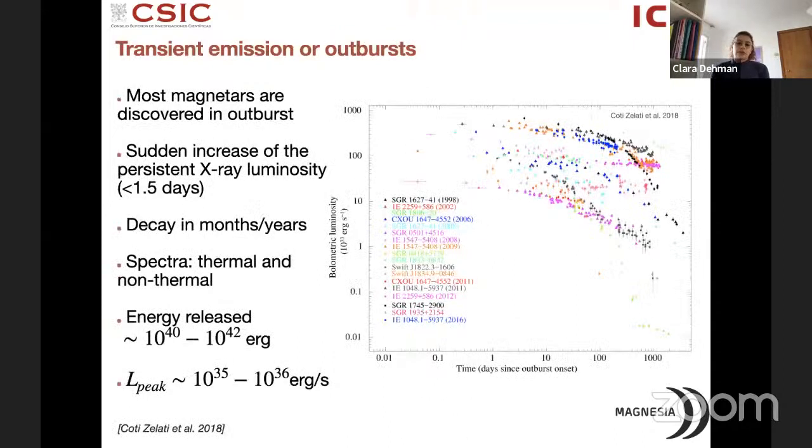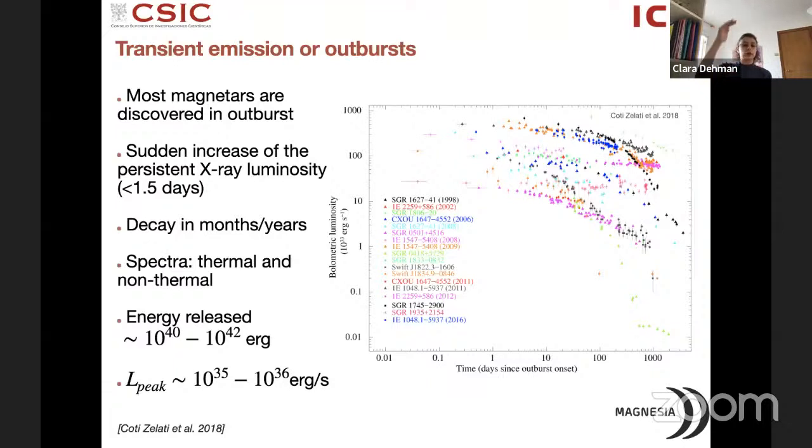So what we have is the following. We have the magnetars, these highly magnetized objects, out in the sky, and when they are not in the active phase, we cannot observe them, most probably due to the limitations of our satellites. When the magnetar enters the active state, its persistent X-ray luminosity increases by 1 to 3 orders of magnitude.